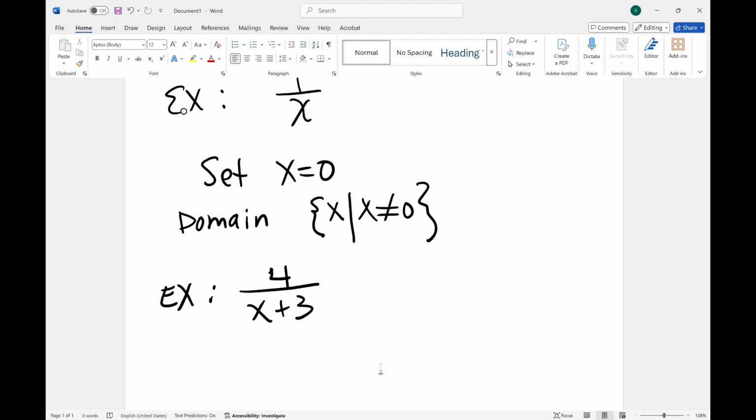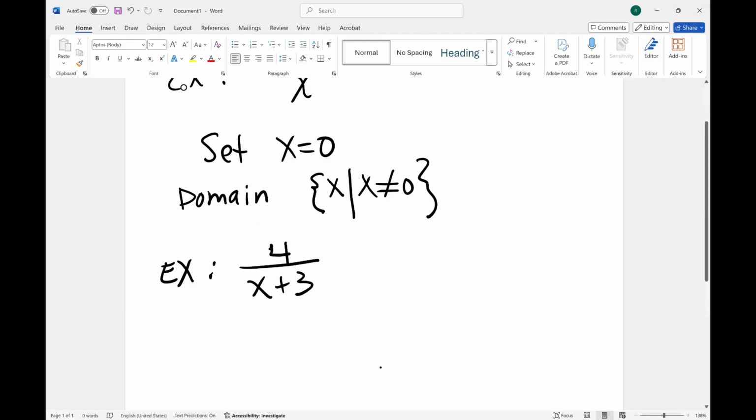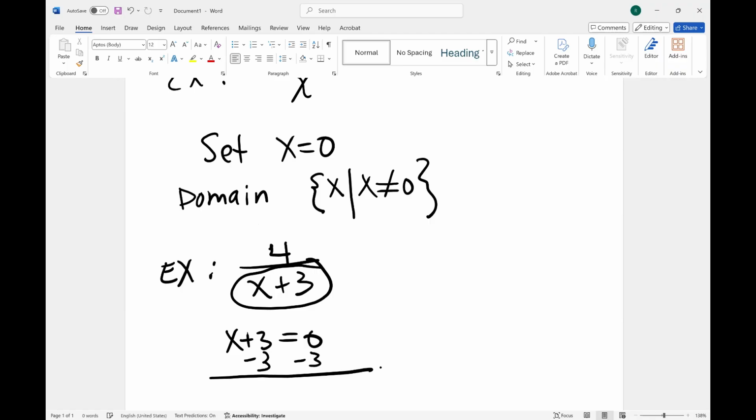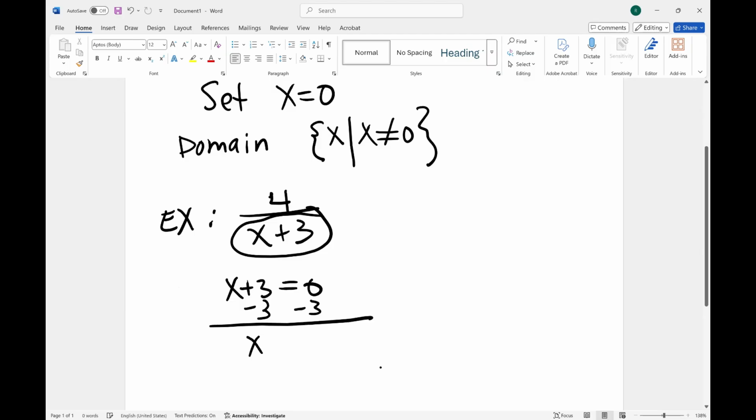Because I can't take 4 and divide by 0. So let's set the denominator, x plus 3, equal to 0. For what value of x would that happen? Let's solve for x. If I subtract 3 from both sides, I get x equals -3.